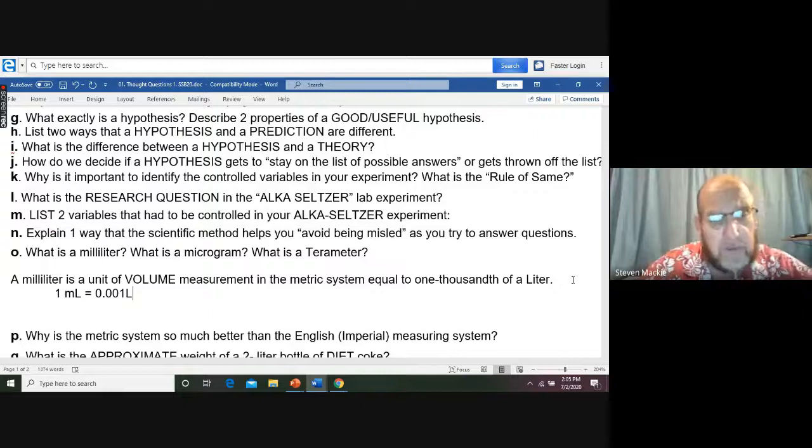And if you make mistakes in the metric system, you could kill your patient. And that would be bad. You don't want to come out into the waiting room and tell somebody that you accidentally killed their cat because you gave them way too much medication because you didn't understand the metric system. I mean, you don't want to be in that position, I am sure.